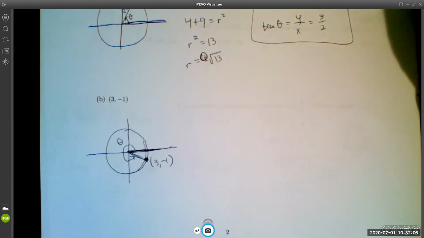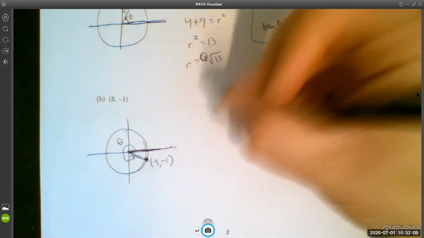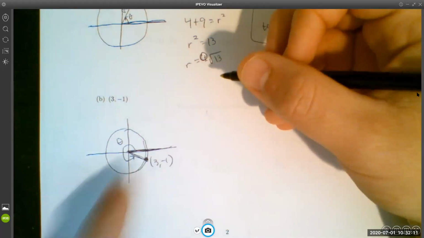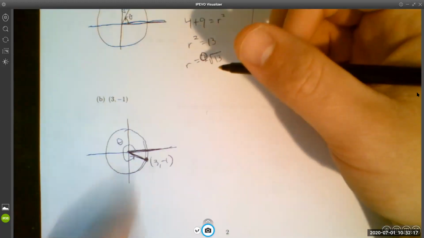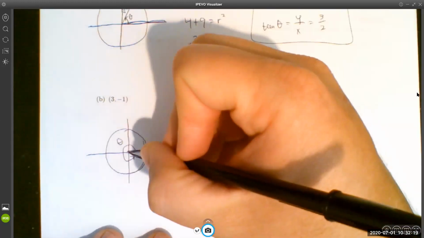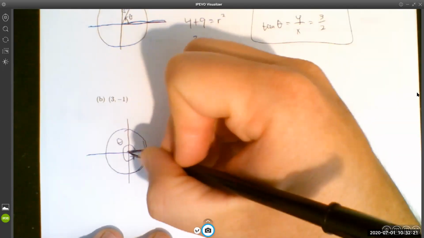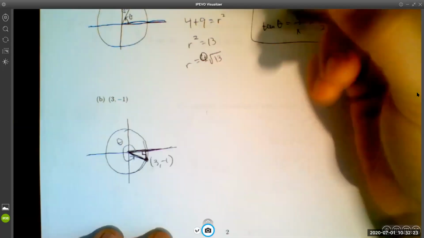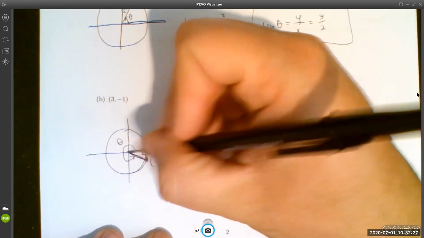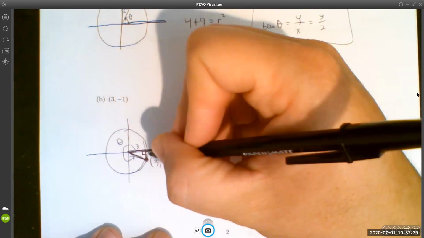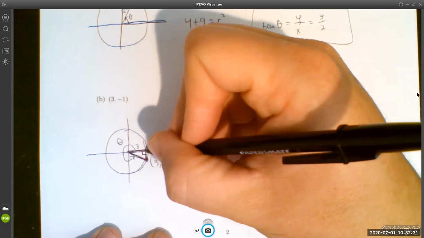Actually, maybe we should figure out what r is first. Again, we can figure out what r is just based on right triangles. So this is really a right triangle right here. We know that x is 3. We know that y is negative 1, but the distance from here to here is just a positive 1.